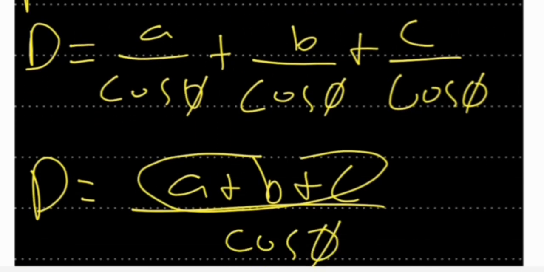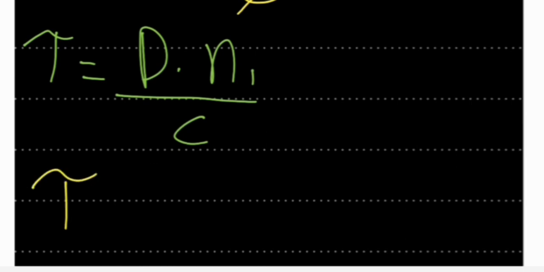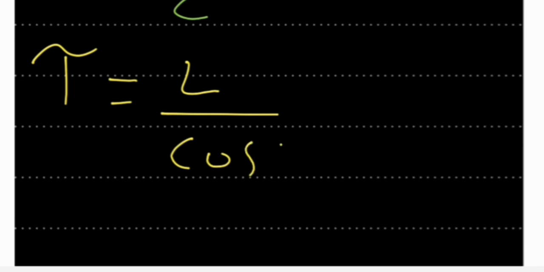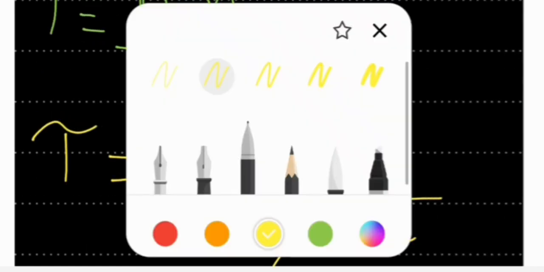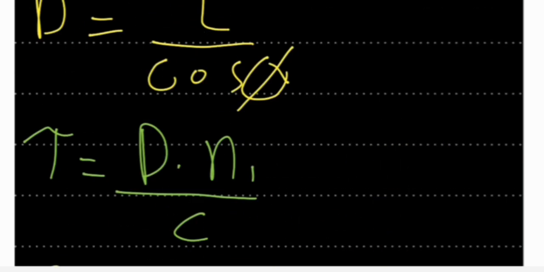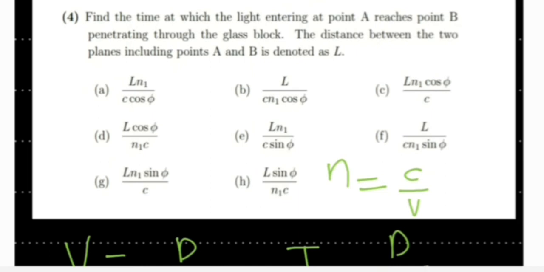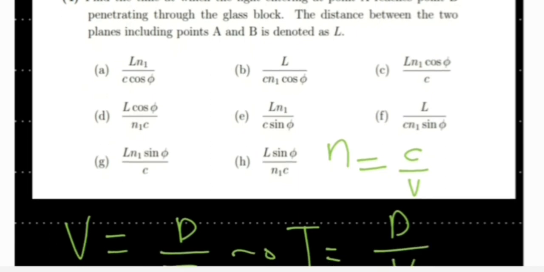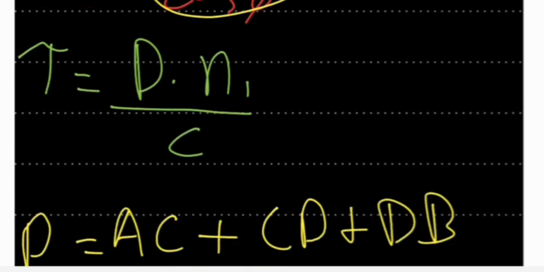Okay, and now we can use it in our formula. So time is equal to L divided by cosine phi multiplied by n1 divided by c. So this is our answer.